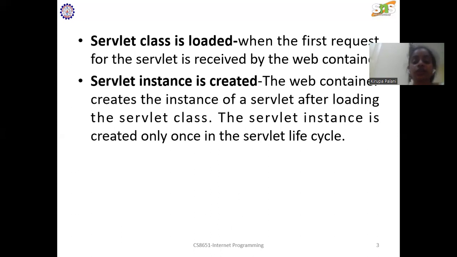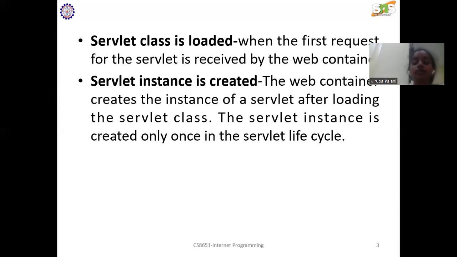The first stage of a servlet lifecycle involves loading and initializing the servlet by the servlet container. The web container or servlet container can load the servlet at either of two stages. We can use initializing the context and configuring the servlet with a zero or positive integer value.